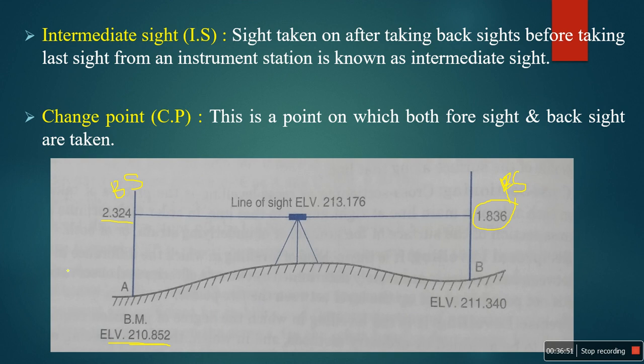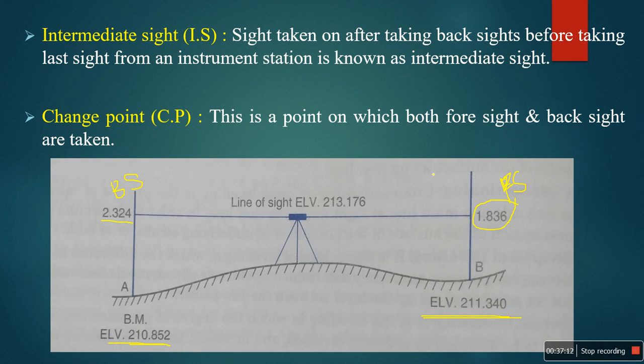Then by using calculation we get the elevation of station B. By using the reference of this benchmark we can easily calculate it; the calculation methods we will discuss later.